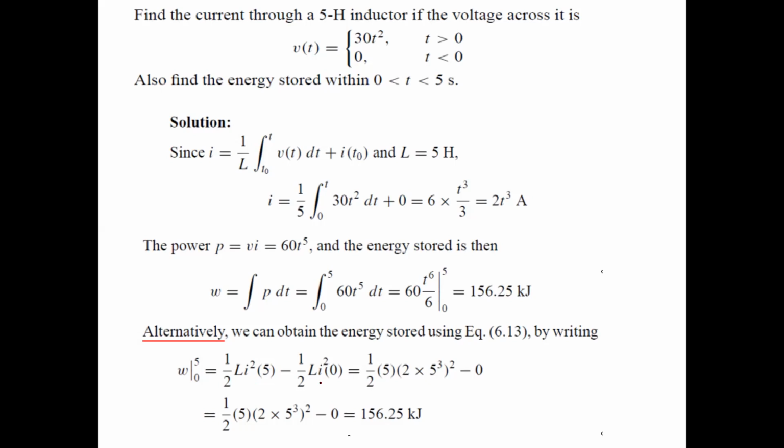So i came out to be 2t cubed. Putting 5 in place of t, 5 cubed is equal to 125, 125 into 2 is equal to 250, and then you have to take its square and put all the values in it as well. It can be found by this. You can use many ways.